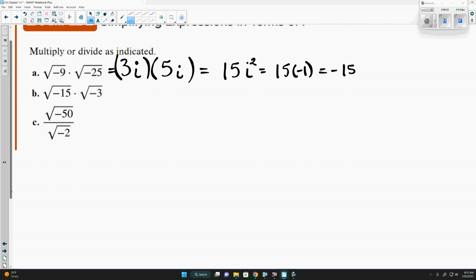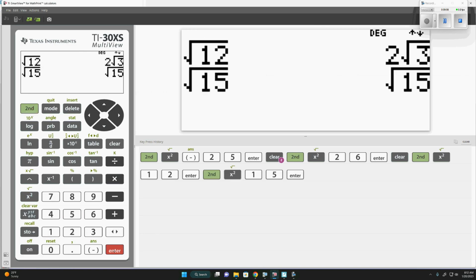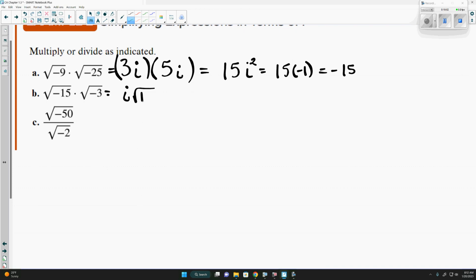So we'll go on and do B, because here we can take i out and we have the square root of 15. Second square root 15 is square root of 15. i square root of 15 times.